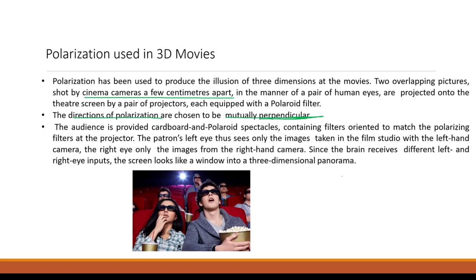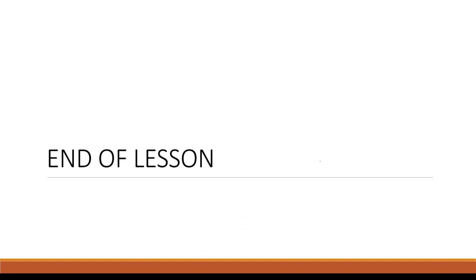And then when the brain receives different left and right eye inputs, the screen looks like a window into a three-dimensional panorama. And so all these useful applications are coming from this behavior of waves and polarization. And so that's the end for today.